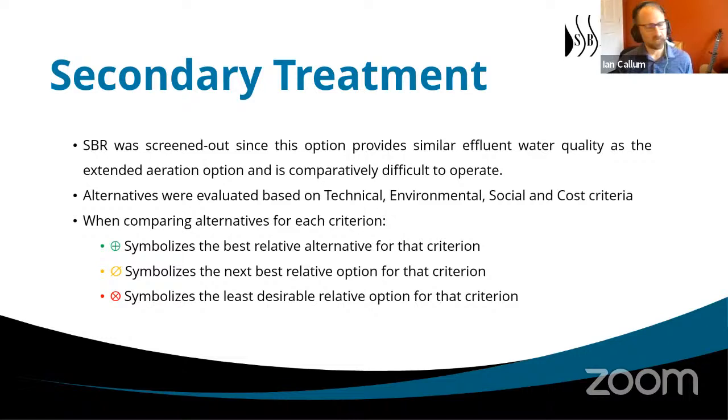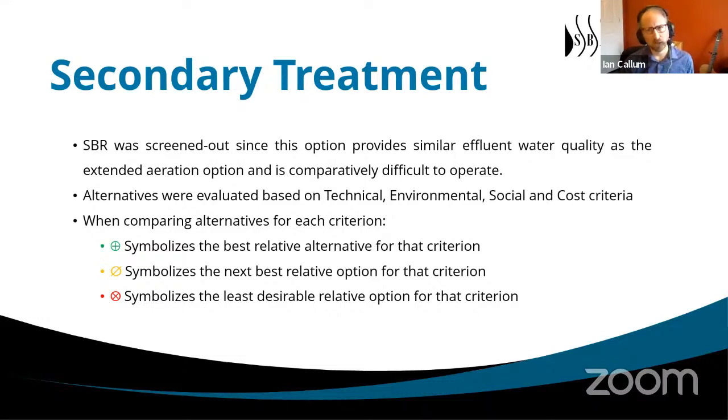Because that was a big decision point in the process, I am going to explain a little bit about how we came to that decision in the coming slides. First of all, we looked at a number of different options. One of the types of secondary treatment, sequence batch reactor, was screened out since it provides similar effluent quality as the extended aeration option, but comparatively, it's quite a bit more difficult to operate.